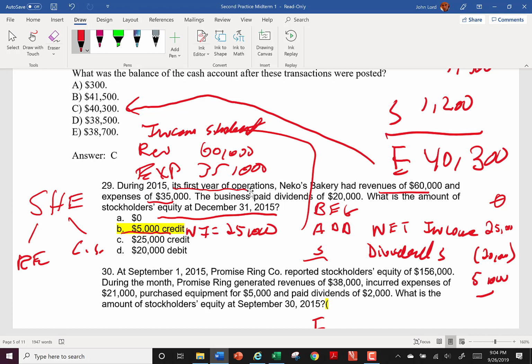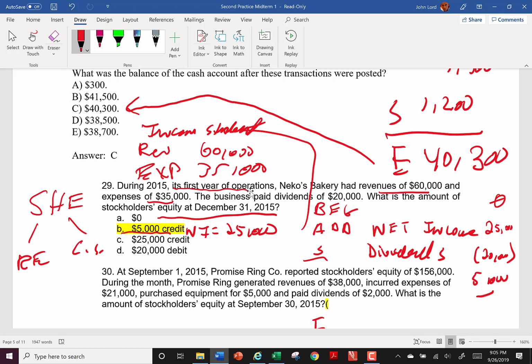Now, what happens? Expenses are 35. How do I increase an expense? Debit it. So I debit the expense. Good. 35,000. And I'm assuming that they're paying cash expenses, so I'm going to credit cash to decrease the cash because they're paying them in cash. The problem didn't tell me this. I'm just assuming it, right? It wasn't necessary to answer the question.